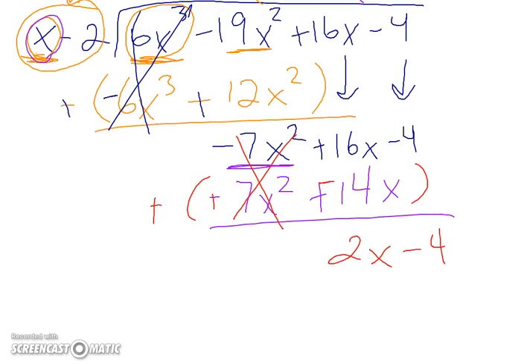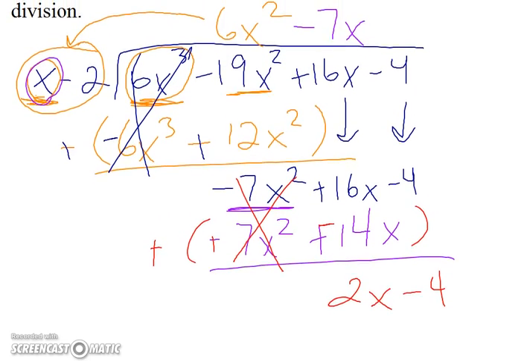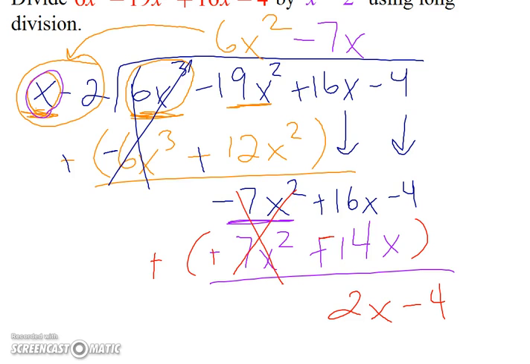I can do this process one more time. x times what gives me 2x? That's going to be a positive 2.